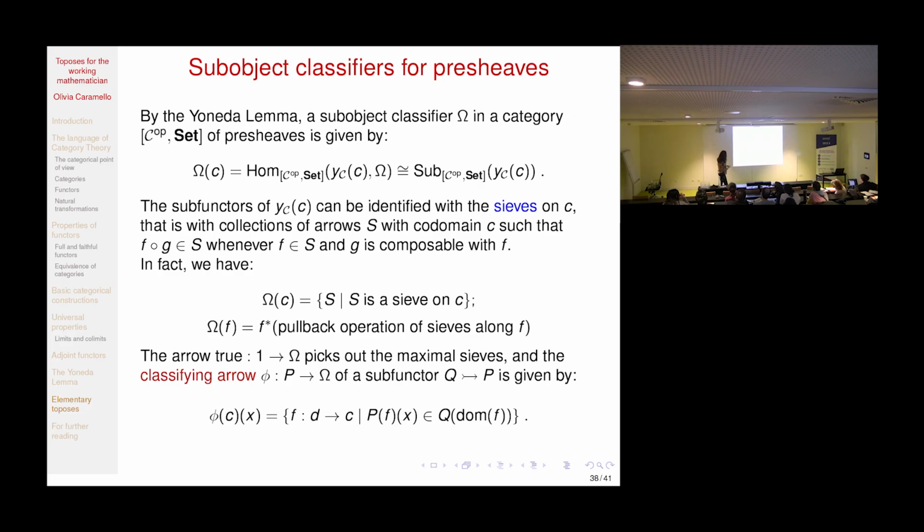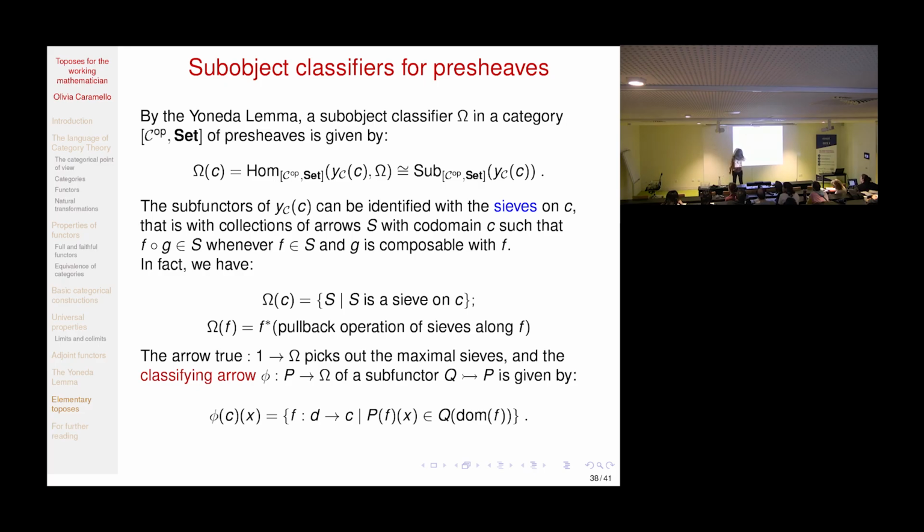So to any subfunctor Q, we can associate a classifying arrow, which will be a natural transformation going from P to omega. And it will be given by this formula.